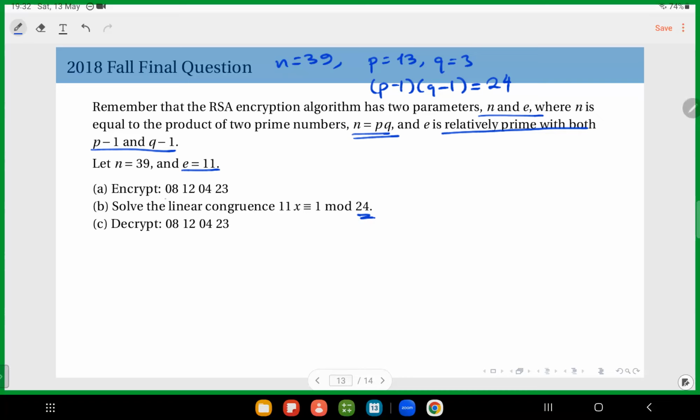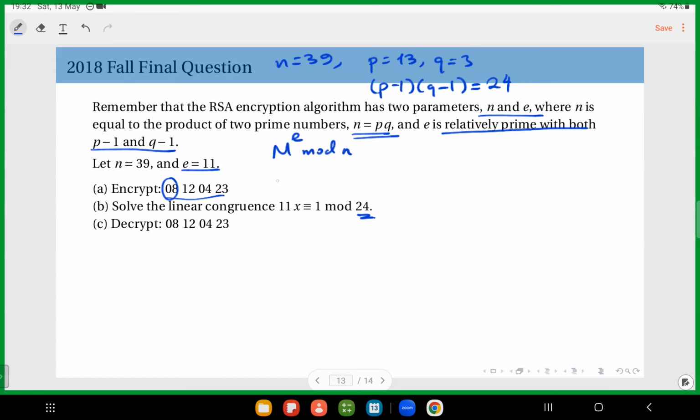Now, to encrypt this given data, if each number here is taken as the message, what we need to compute is m to the power e modulo n. So to encrypt this given data, I need to compute four values.